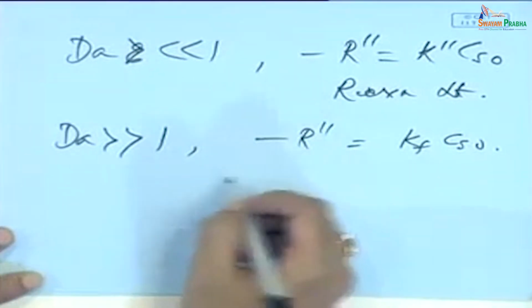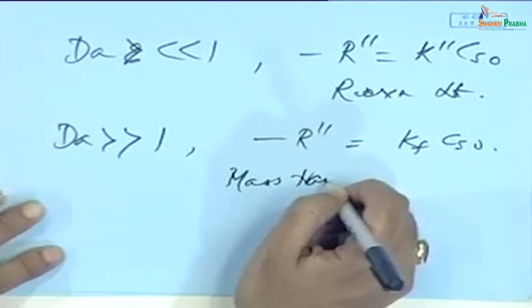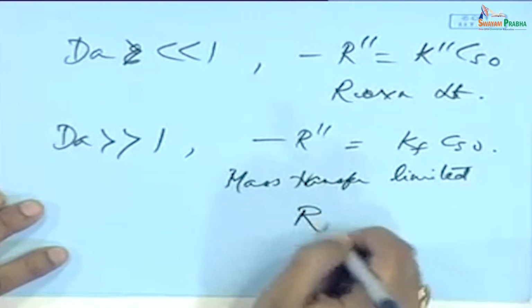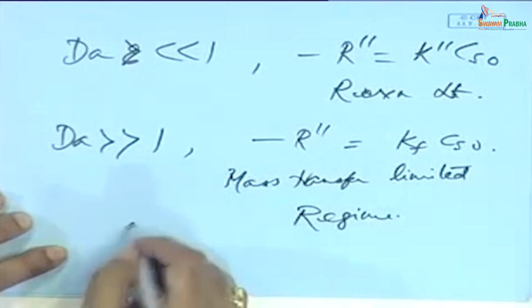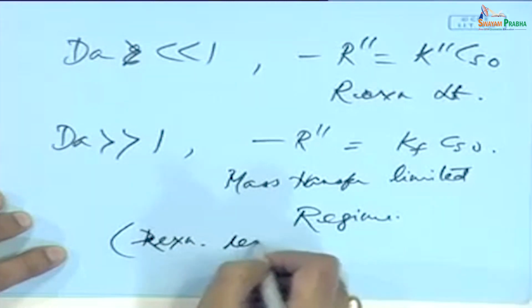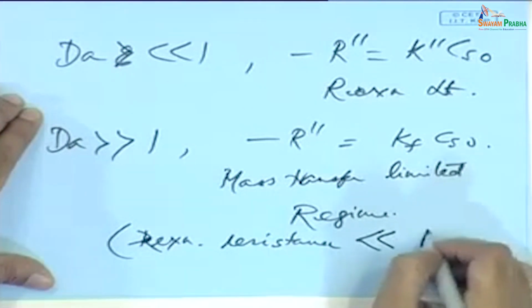So, this will be your mass transfer limited regime, which means that reaction resistance is much smaller than mass transfer resistance.